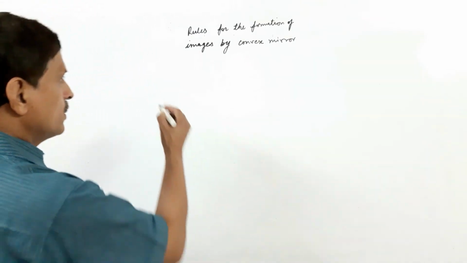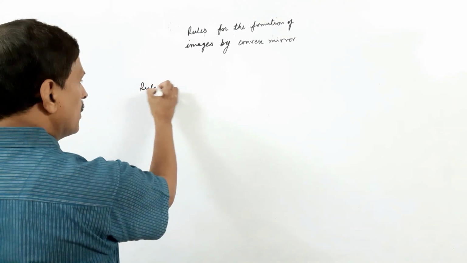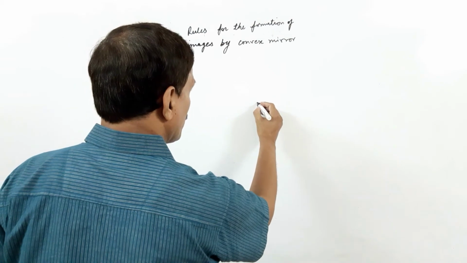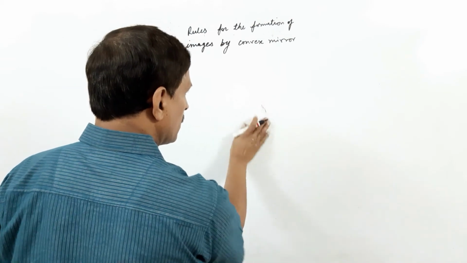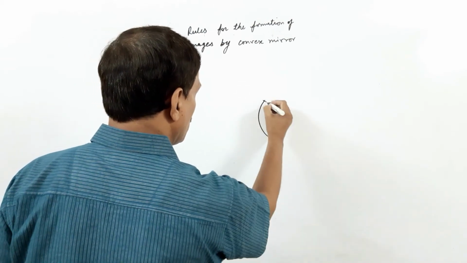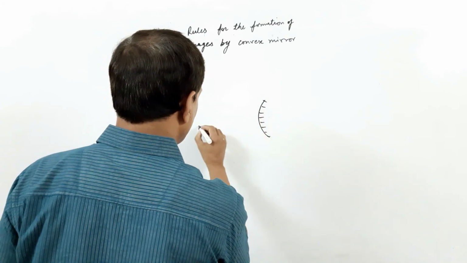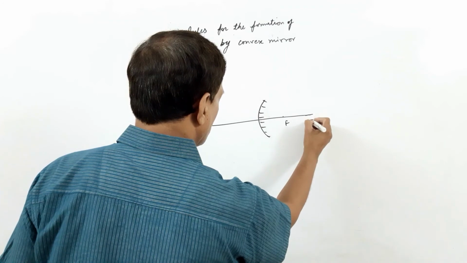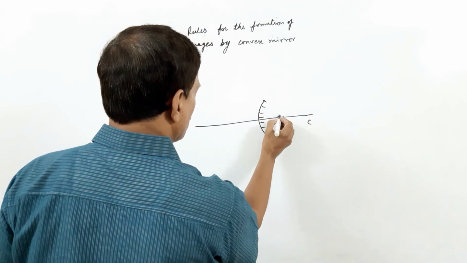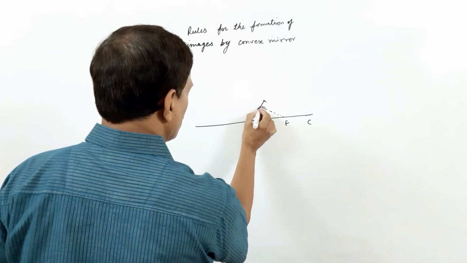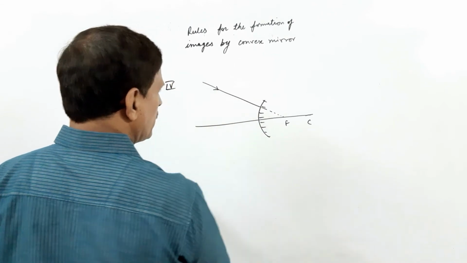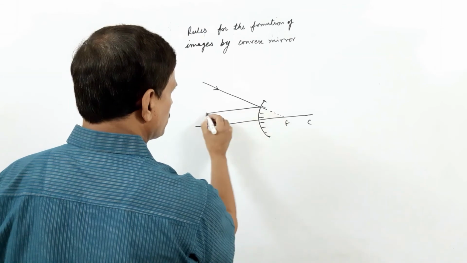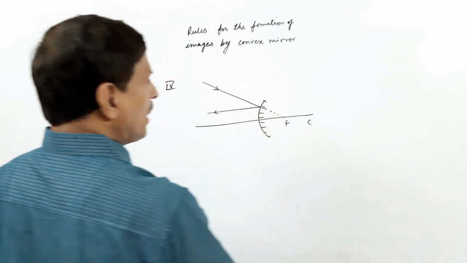Rule 4, a light ray incident in the line of focus after reflection becomes parallel to the principal axis.